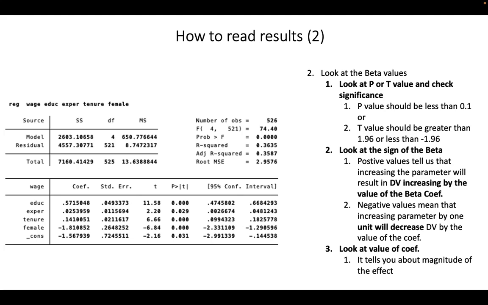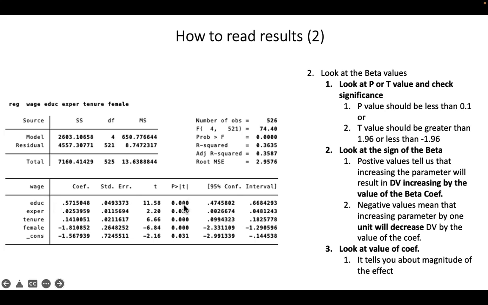The second step is to look at the beta values. Now, these are the coefficient beta values. When you look at the beta values, you have to look first at the p-values. Looking at the p-values or the t-values will tell you whether there is a significant impact of education on wages, experience on wages, tenure on wages, or gender on wages.